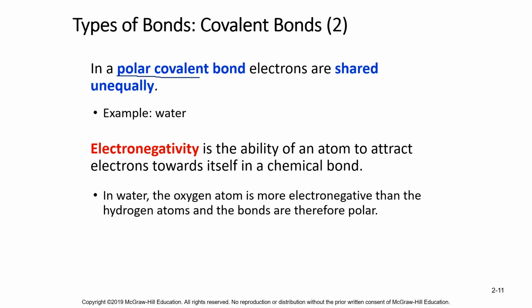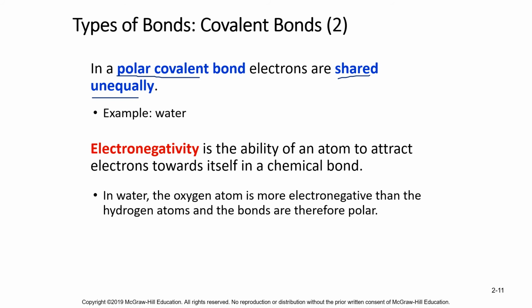A lot of bonds are polar, and that is when they don't share electrons equally. So they share them unequally. Those electrons tend to spend more time with the electronegative atom than with the less electronegative atom.